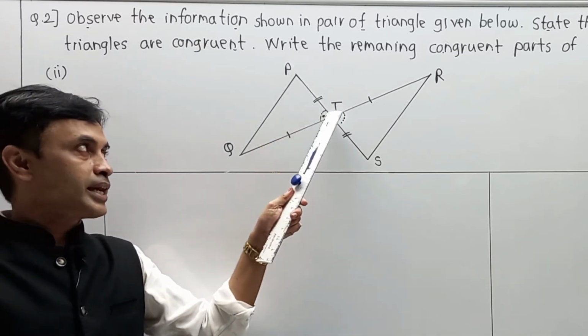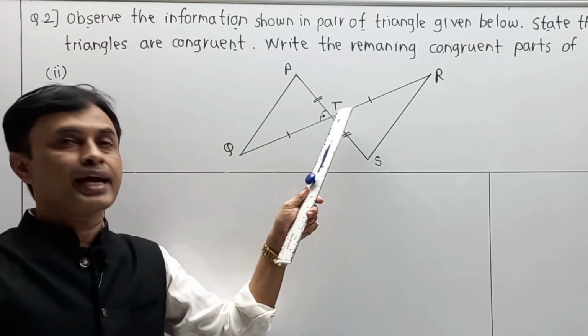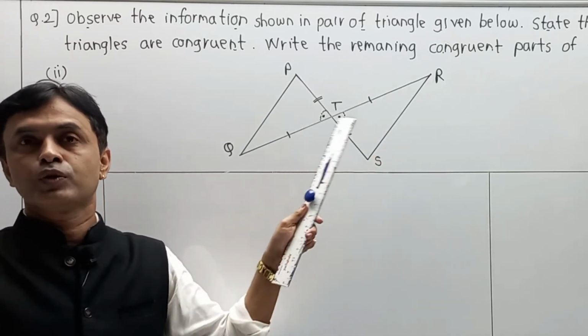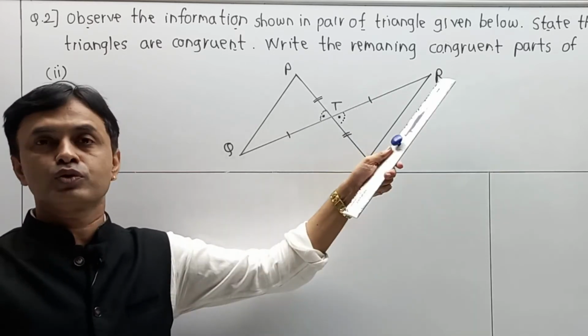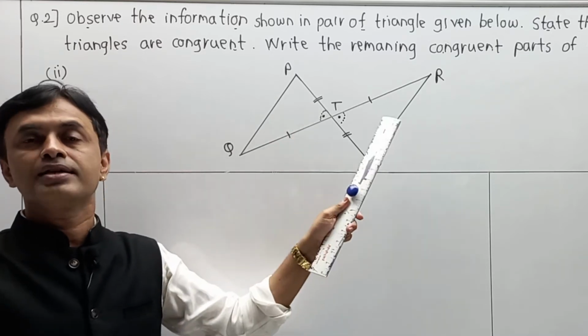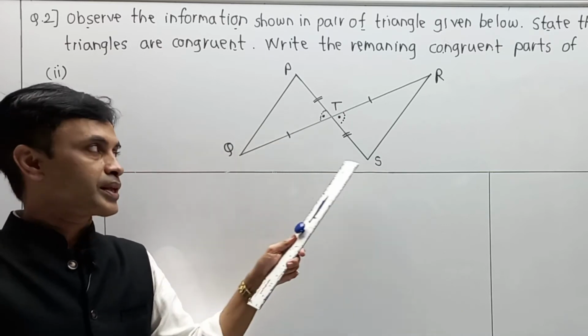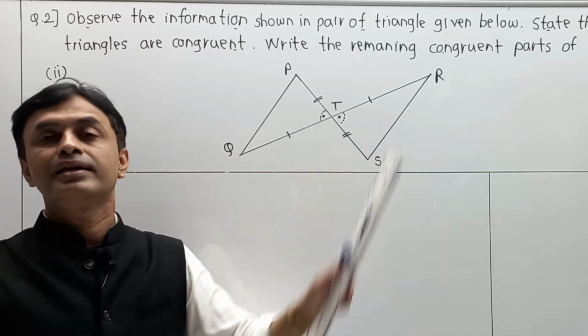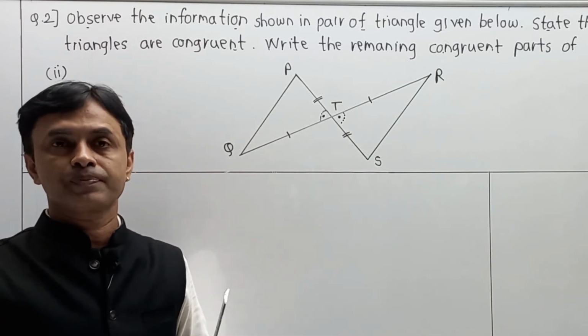Naturally, one side, next angle and side, again one side, angle and side. Meaning two sides and one angle of the first triangle are congruent with two sides and one angle of the second triangle. Naturally the first triangle is congruent with the second triangle by the side-angle-side test of congruency. And now we are using that application over here.